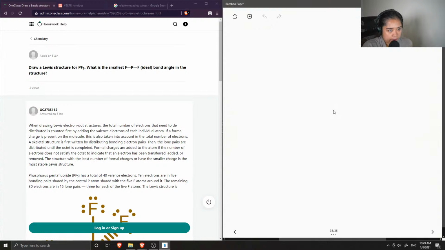Question 12 is to draw the Lewis structure for PF5, so phosphorus pentafluoride. What is the smallest or ideal bond angle in the structure? So first, let's find the total number of valence electrons.